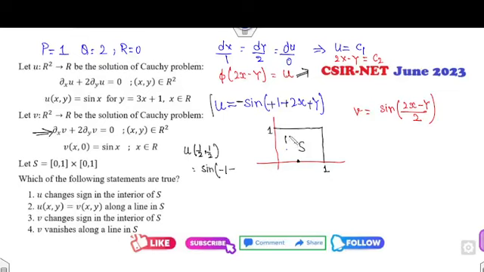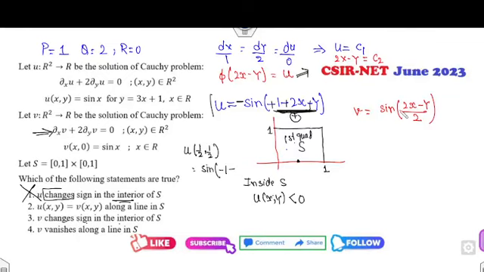Since this lies in my first quadrant, and this number is always positive, u is always negative. So inside s, u of x comma y is always negative, but he said it changes the sign in the interior, but in the first quadrant this is always positive, so you can never change the sign in the interior.